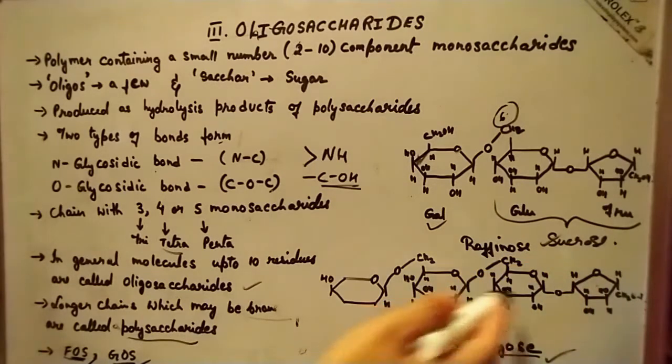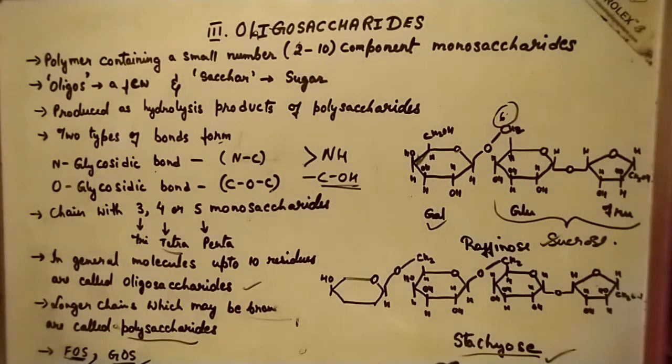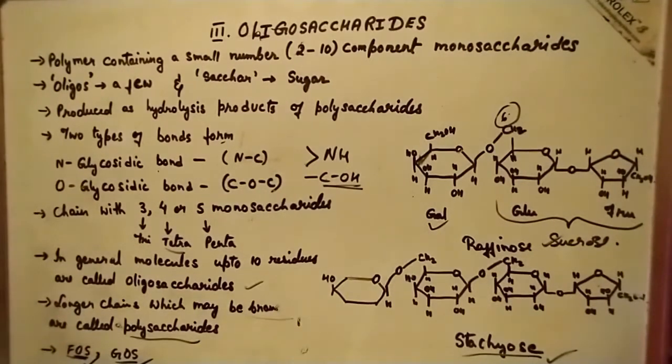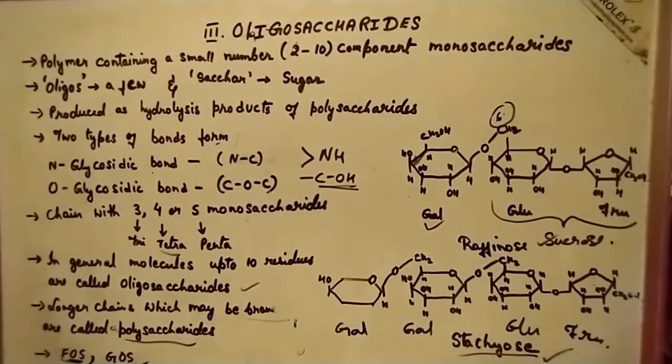This is the structure of raffinose, and stachyose is similar to it, but with one more galactose. So here you can see it has galactose, glucose and fructose in sequence. These are a few examples of oligosaccharides.